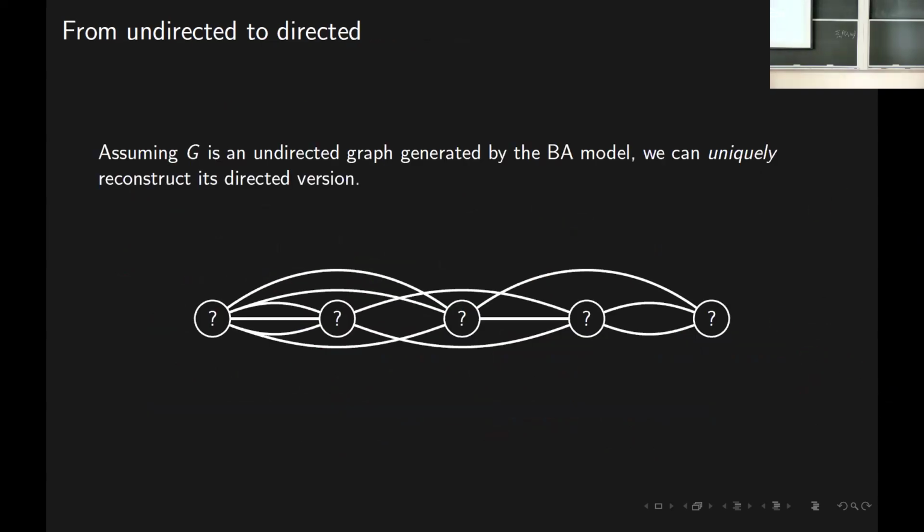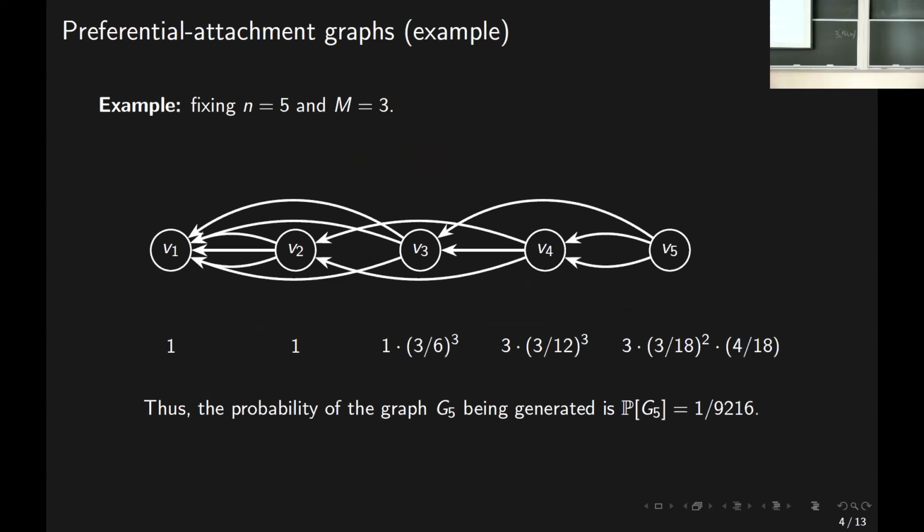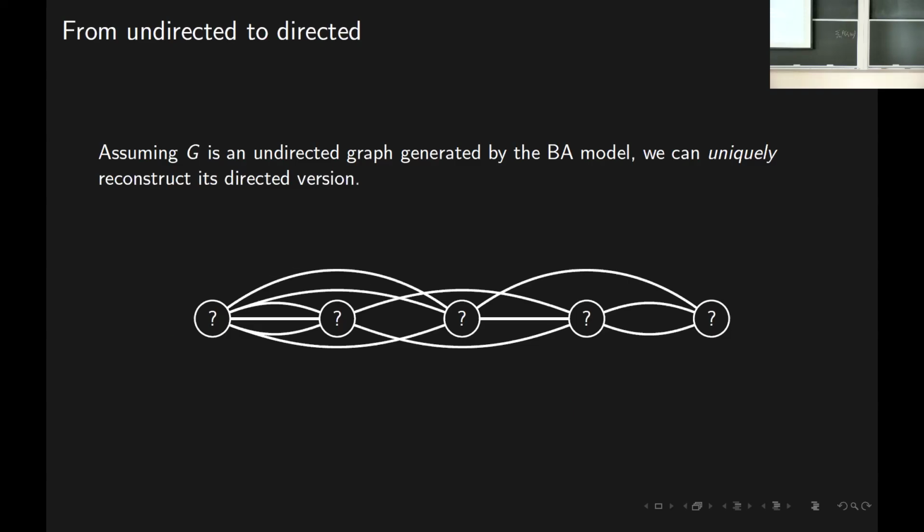An interesting fact about this model is that we have a perfect one-to-one correspondence between an undirected graph generated by the BA model and its directed version. As you noticed, the last vertex has a degree of m. That means that we can uniquely reconstruct its directed version.